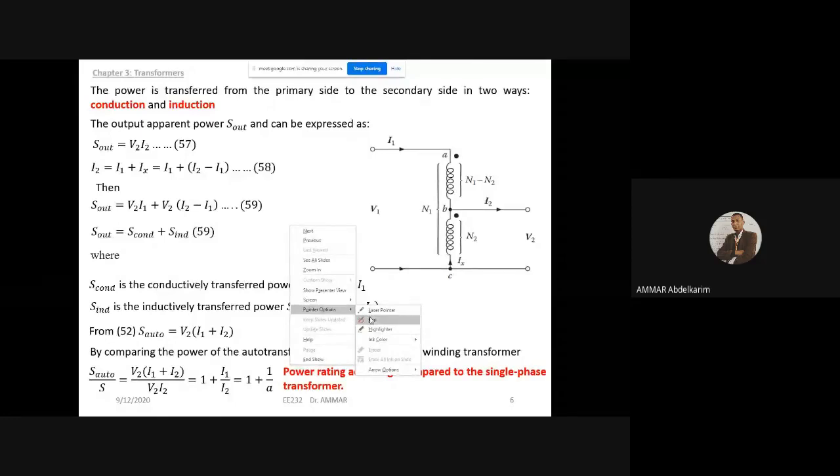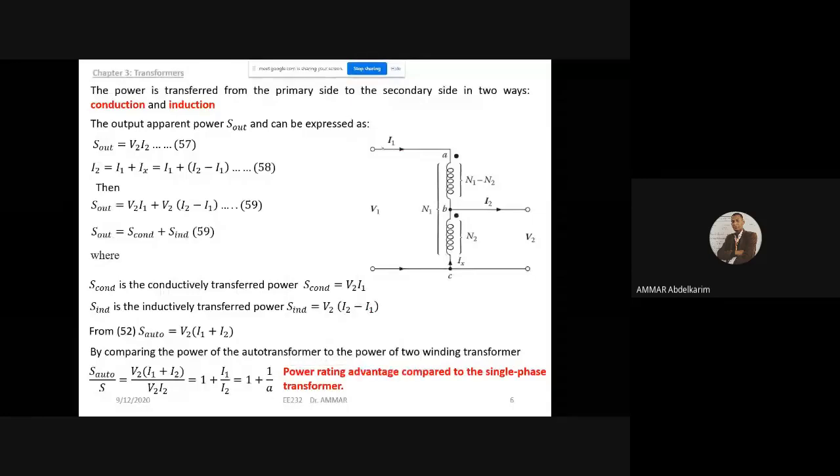What do we mean by induction and conduction? Conduction is this way. The current I1 came directly from the primary to the secondary, which means a connection.